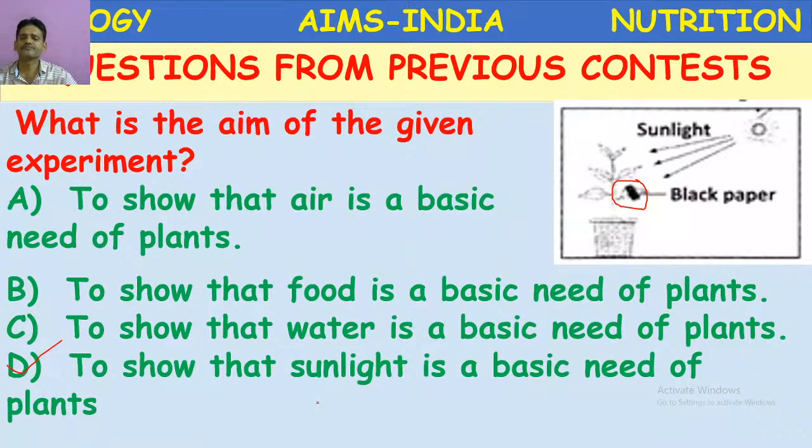One experiment is the variegated leaf experiment. The leaf which I have shown previously, this is a money plant leaf.